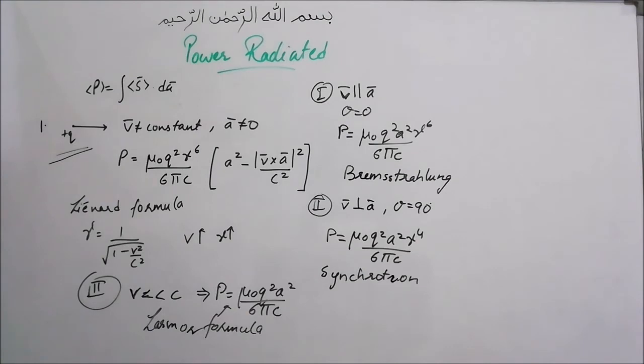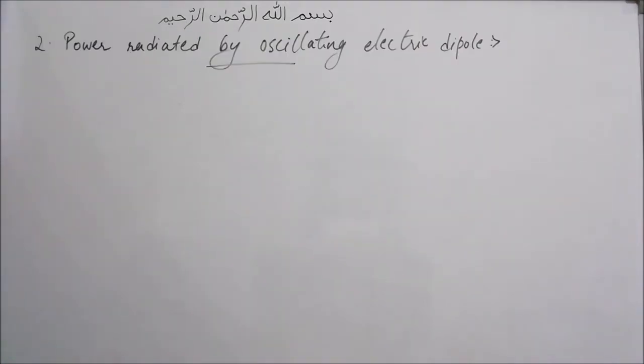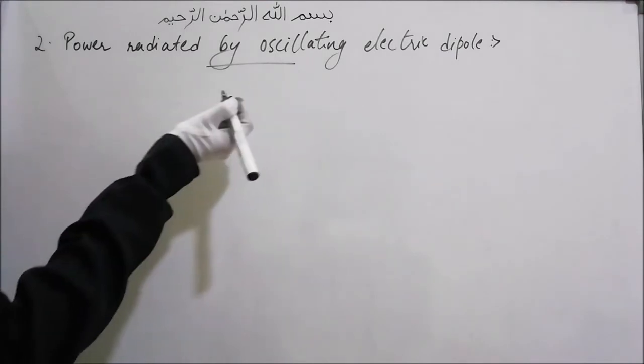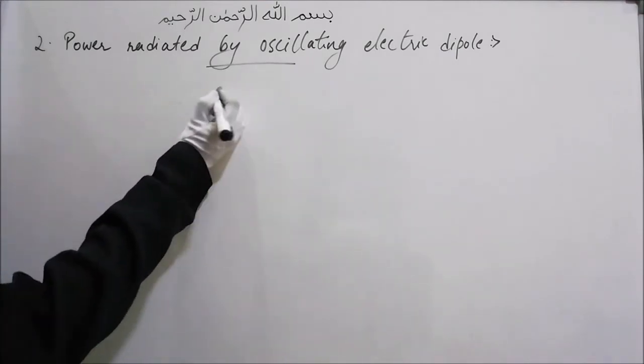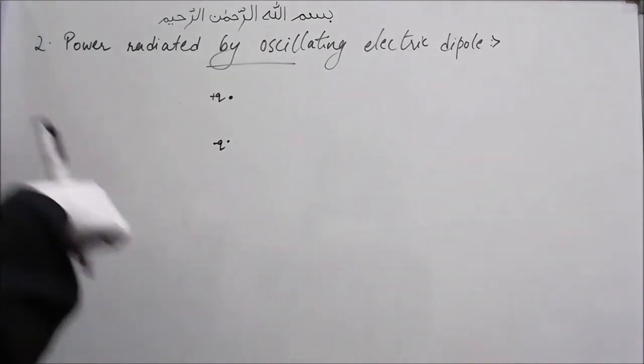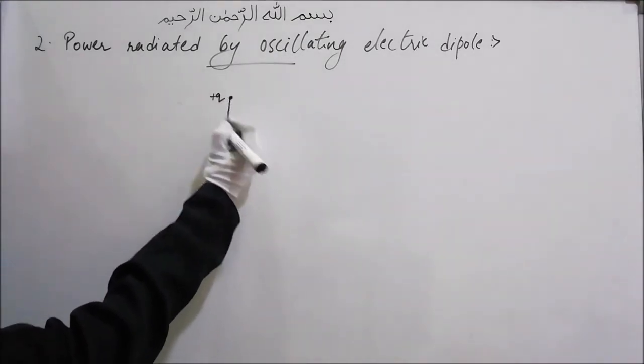Next we will look into the power radiated by an oscillating electric dipole. Consider two metallic spheres with charges plus q and minus q, separated by a distance d.